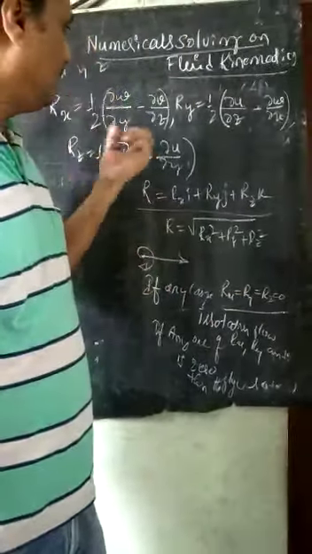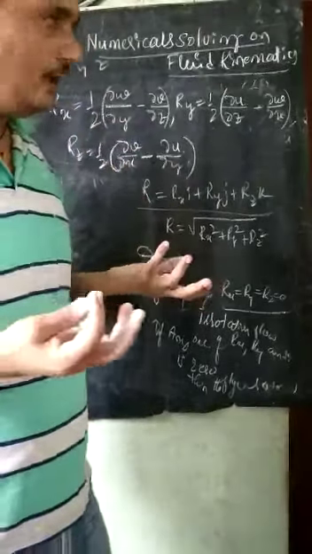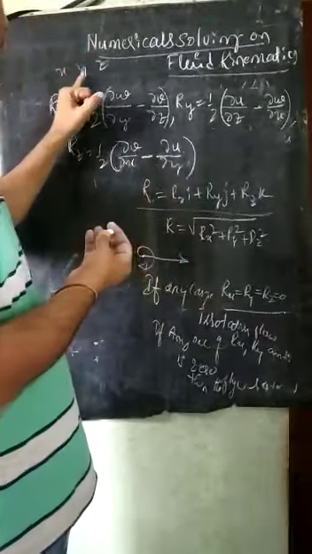Suppose a 2D flow is given; then only x and y will be taken.